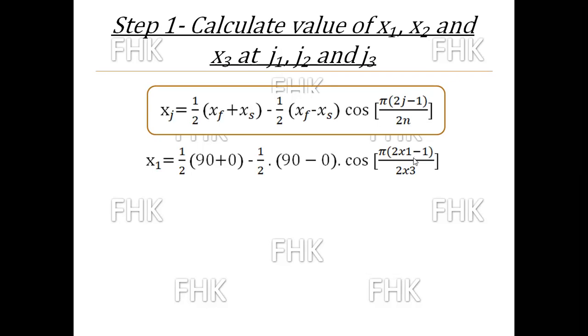So cos of 30 we have to find out, and after solving this equation, I will find the value of x1 is equal to 6.028 degrees.